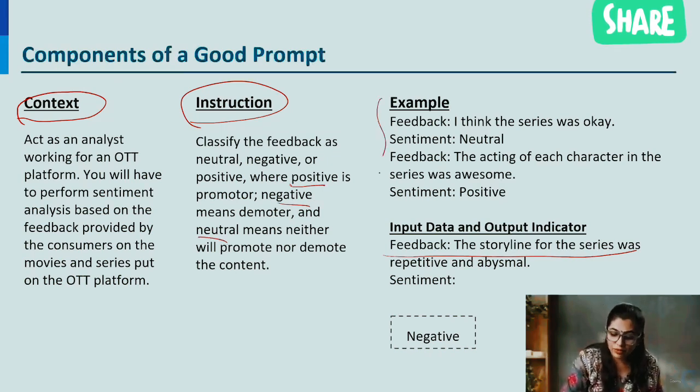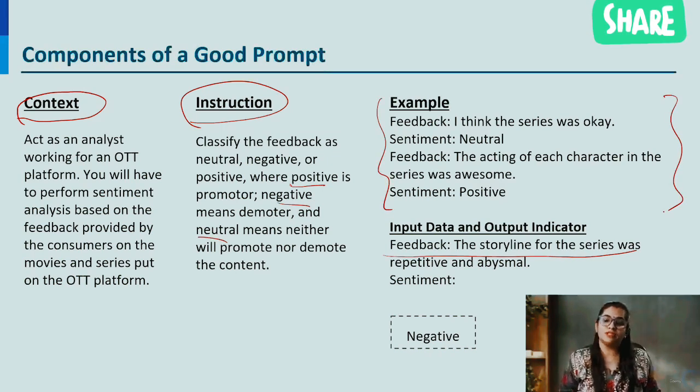Here you are giving examples for the same, so that your ChatGPT can understand, learn, and then act accordingly. Now, the output for this particular feedback is negative. So, if you copy paste this into your ChatGPT, it gives you an output as negative for this sentence.